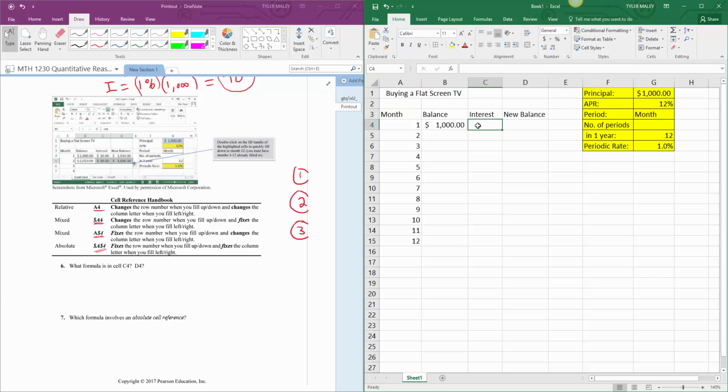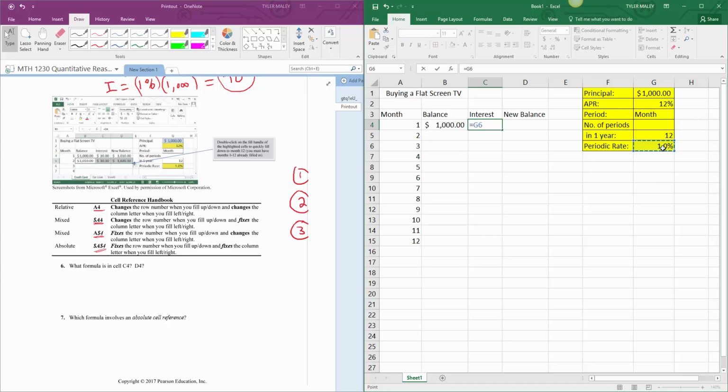So then we're trying to figure out what's going to go in cell C4, which is listed here. Remember, I told you a little bit ago, to calculate the interest you take the periodic rate times the balance. So I would want to take equals, and the periodic rate would be cell G6.